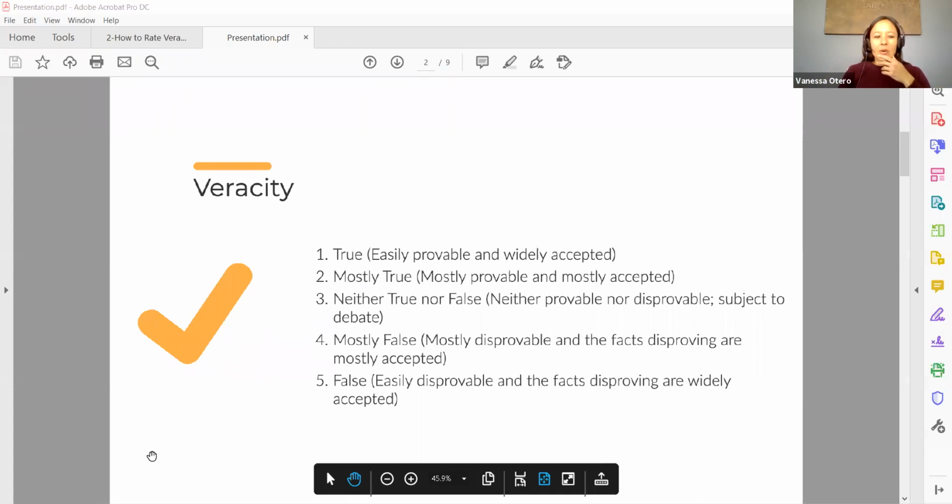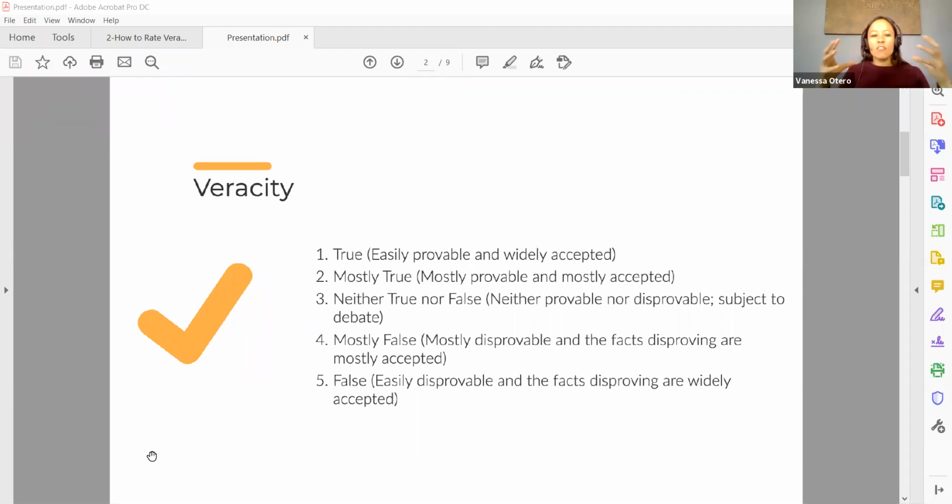So the universe of things that falls into widely accepted is actually really, really small. We disagree as humans on a lot of stuff.